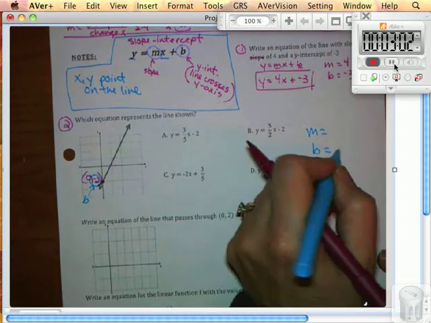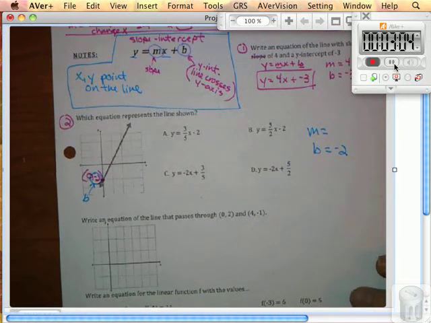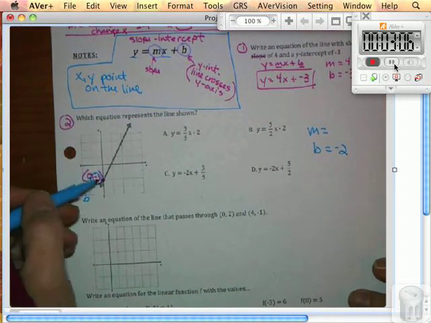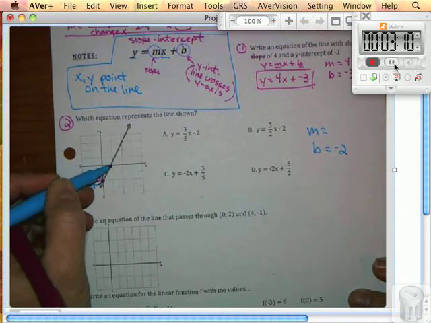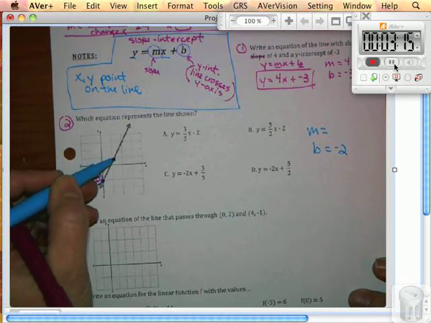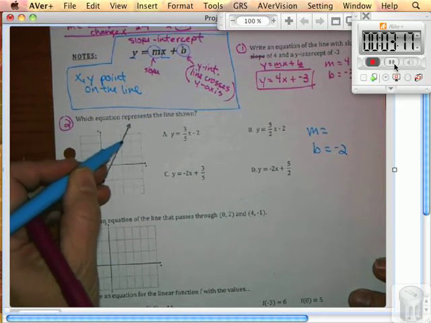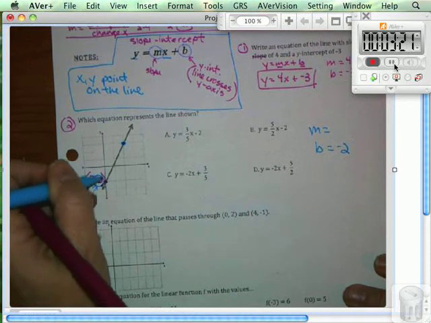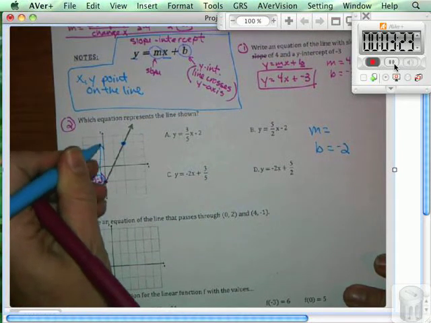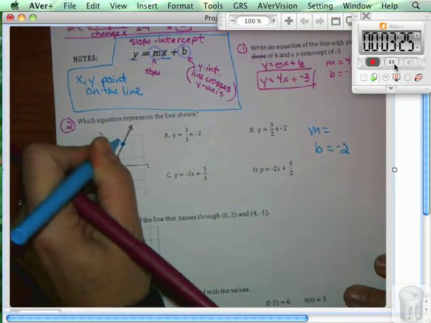So I have the b, it's -2. The slope I can get from the graph, but I have to look for a point that really crosses an intersection on the grid. This one doesn't really, it's a little bit off. This one's off, but this one crosses at one of the intersections on the grid. So from this point, I have a rise of 5 and a run of 2.